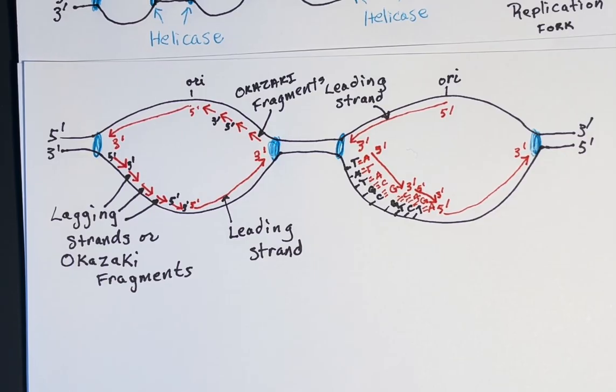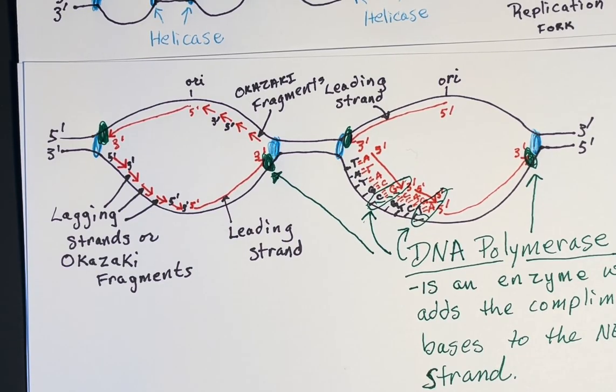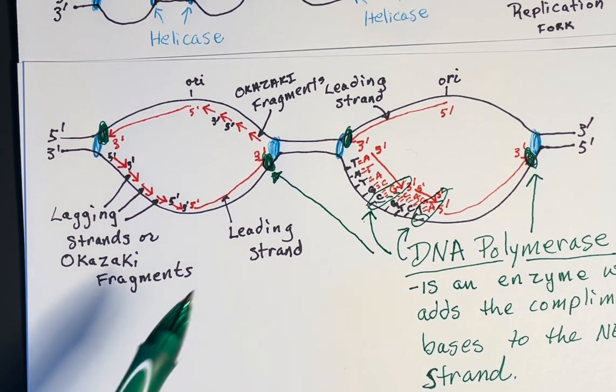So I'm going to use, I've actually run out of colors. I'm going to see if I have a green. Okay, so DNA polymerase 3 is an enzyme which adds the complementary bases to the new growing strand.